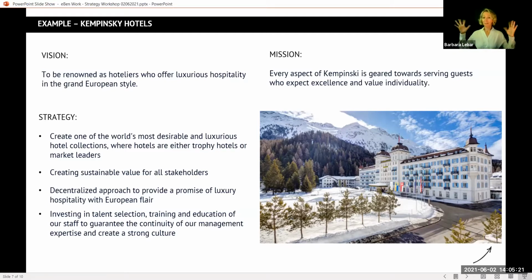So they have pretty much free hands in how to implement the strategy. The hotel managers have very high responsibility in order to deliver the strategy that is going to achieve the vision set from the whole chain, Kempinski.